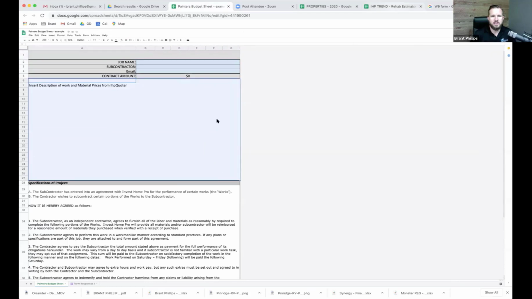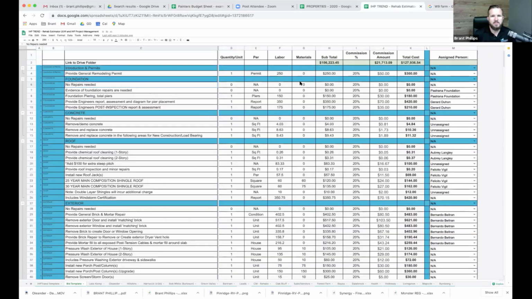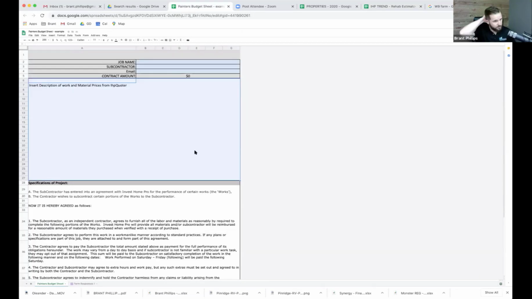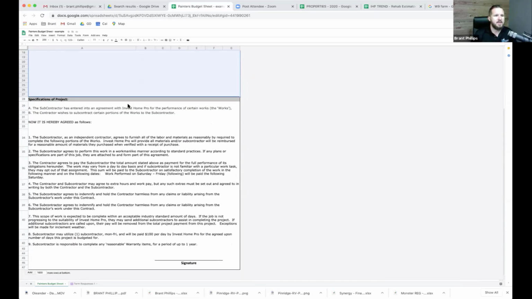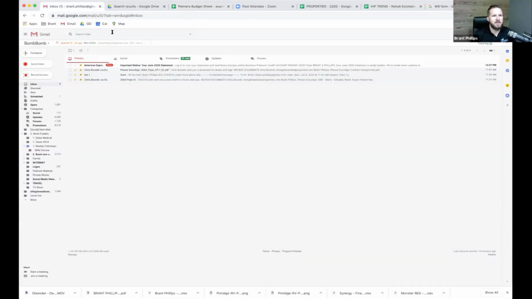So we would extract the item and the labor cost, not the materials, because our painters don't pay for materials, we do. We would paste them all in here, and then we would have this verbiage, subcontractor, kind of CYA type of verbiage that my VA would send to them via DocuSign.